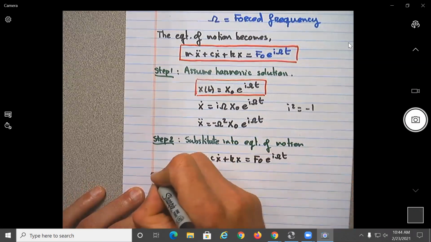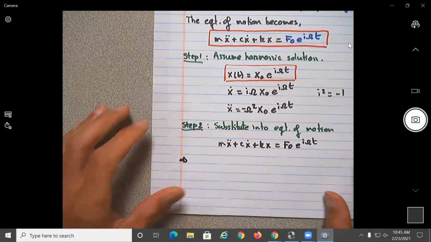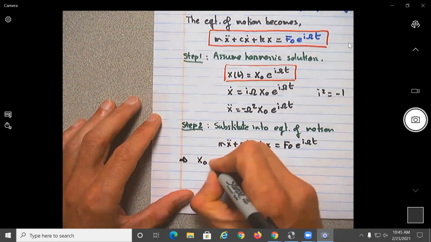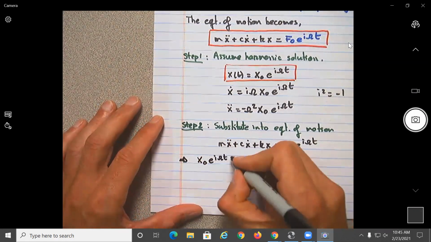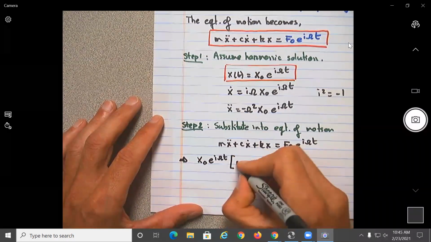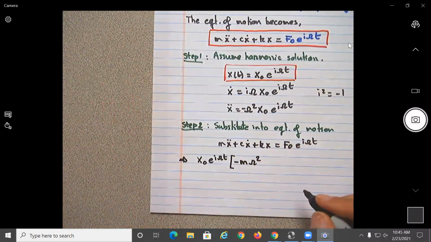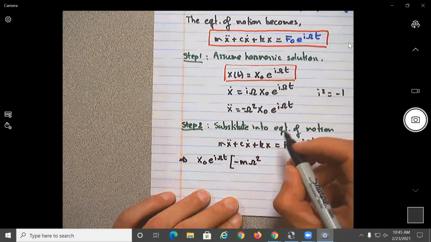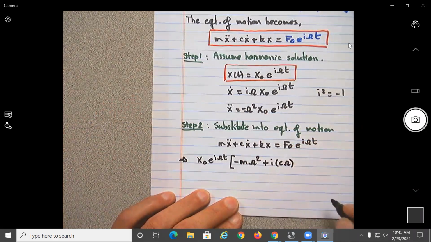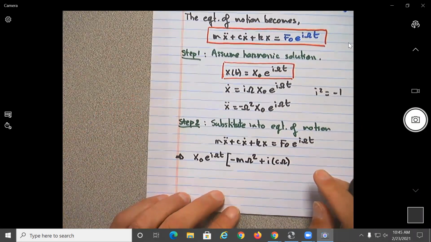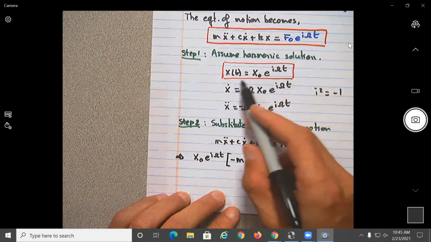So I'm going to simplify right away. It will give us x sub naught e to the I omega t for all the terms because it's common factor of what? The first one will give us minus m omega squared. The second one will give us plus I c omega. And the last one will be plus k.